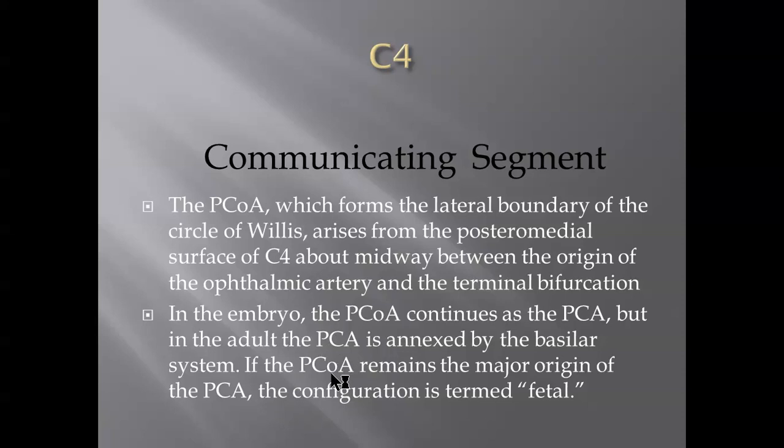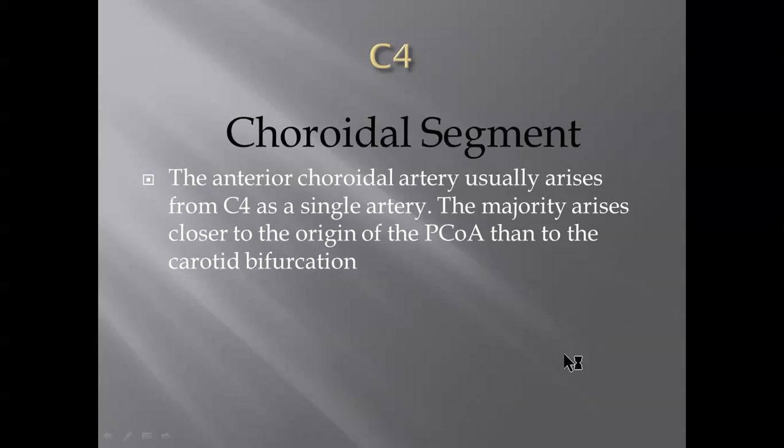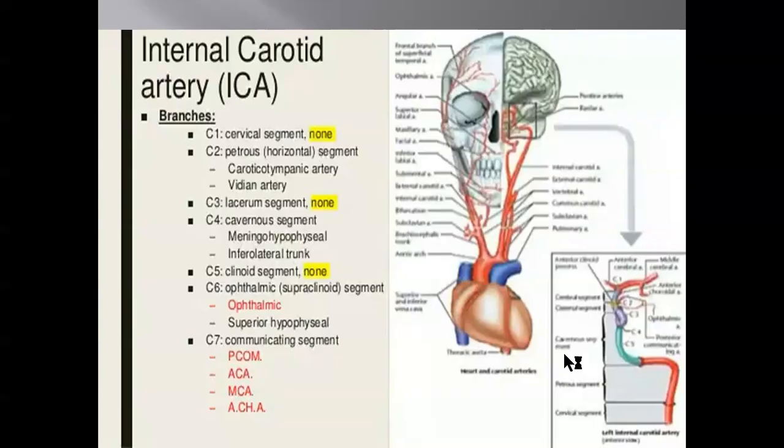But if the posterior cerebral artery arises from the posterior communicating artery, in that case we call it a fetal posterior communicating artery. The choroidal segment gives rise to the anterior choroidal artery.